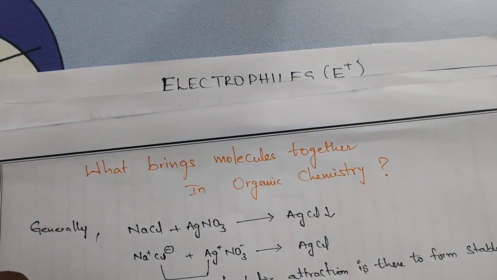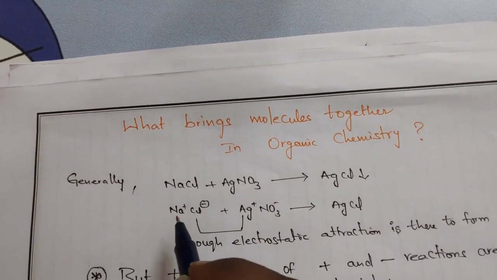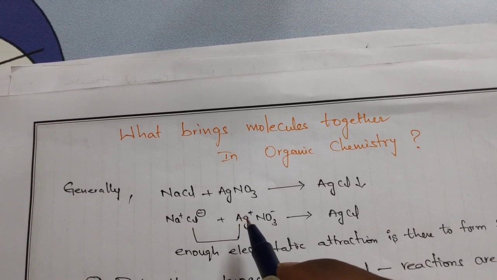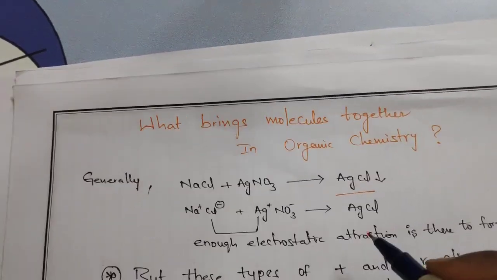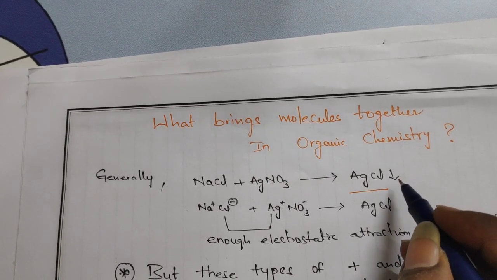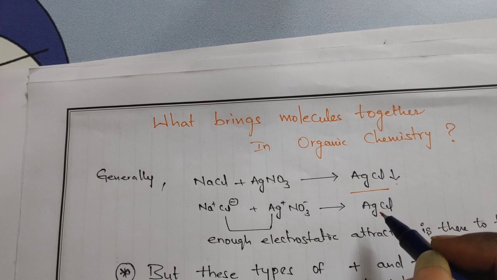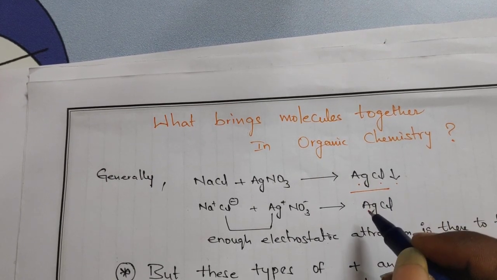In general, for any reaction, for example, I take NaCl with silver nitrate. It gives silver chloride as a byproduct which deposits in the solution. So what brings Ag and Cl together?